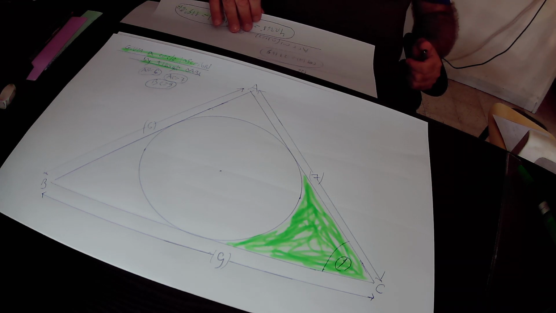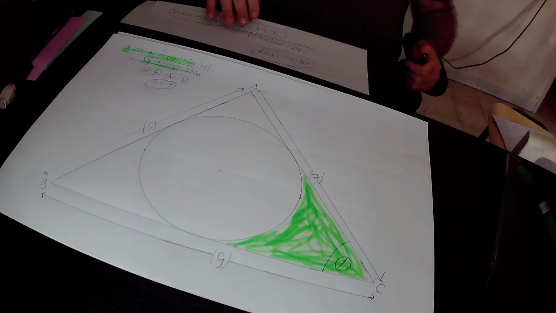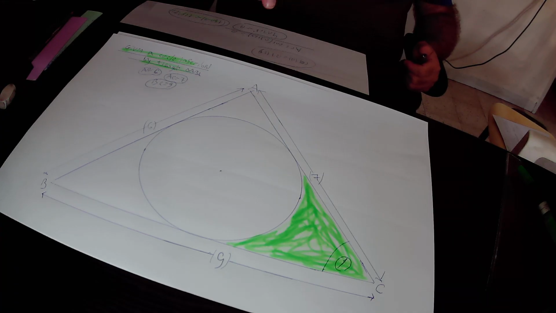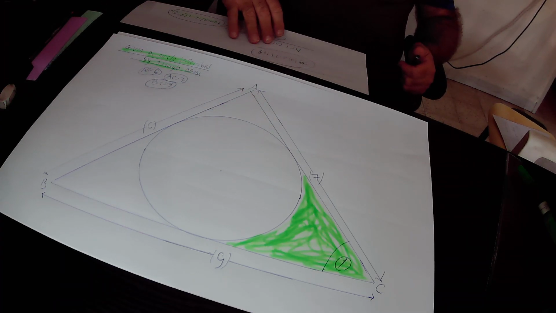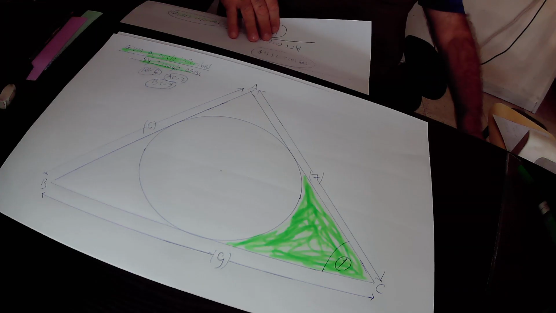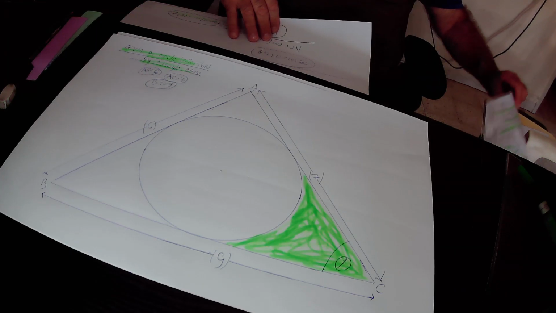So here we will find the area of this triangle ABC according to a special formula.